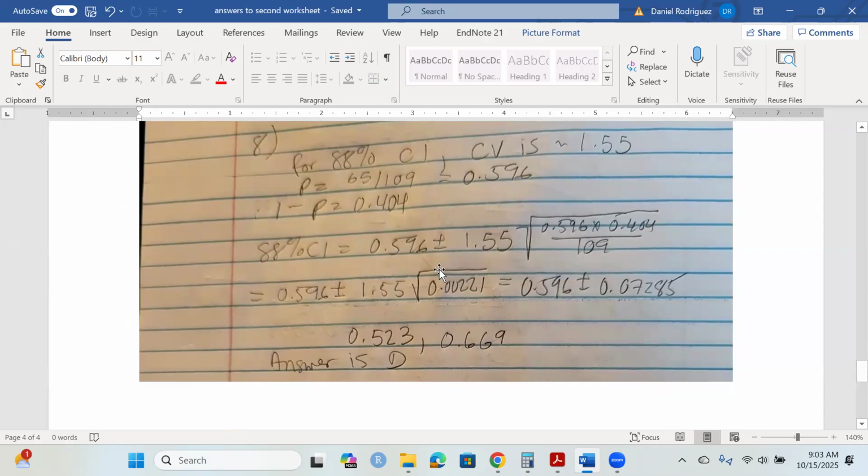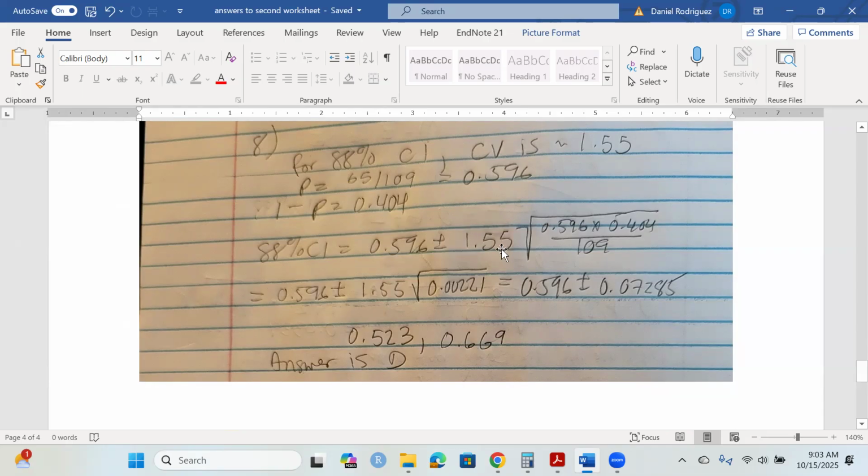Our 88% confidence interval is, our point estimate is 0.596 plus or minus. So we needed a z value associated with 88%. So you can look up how we just did that in the beginning. We did these different estimates. So you should by now go back and look at that if you don't know how. But it's 1.55.